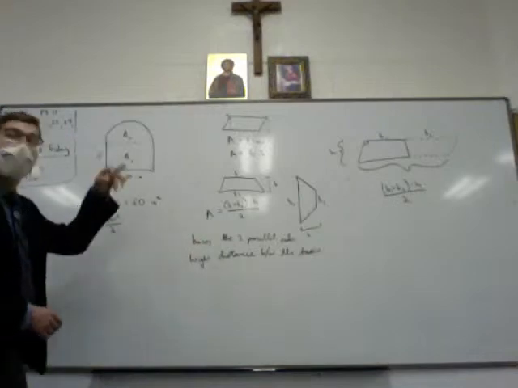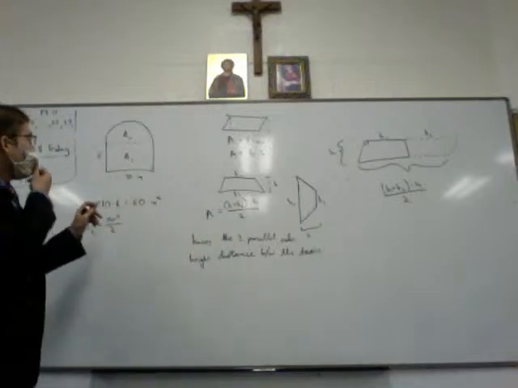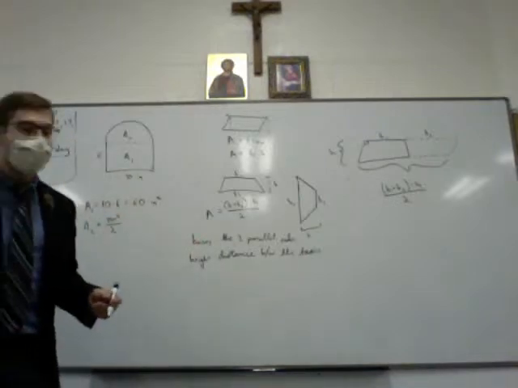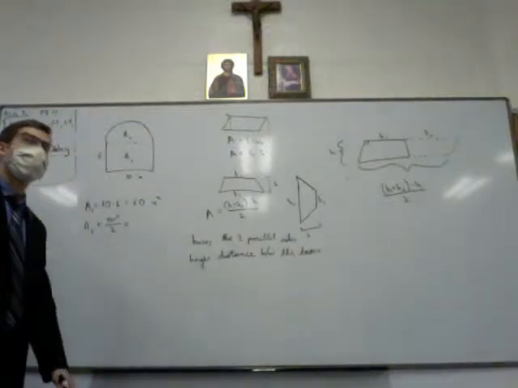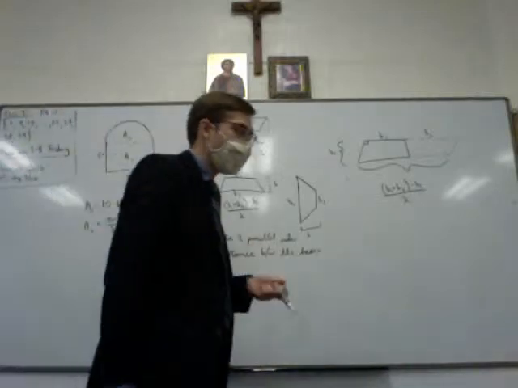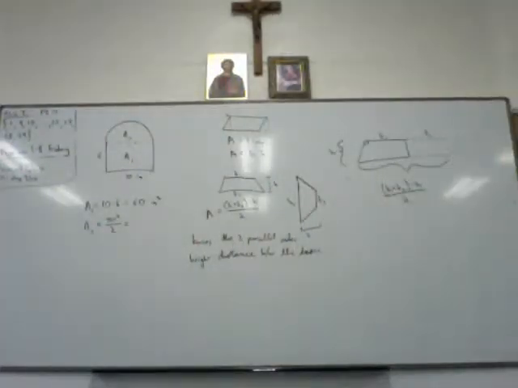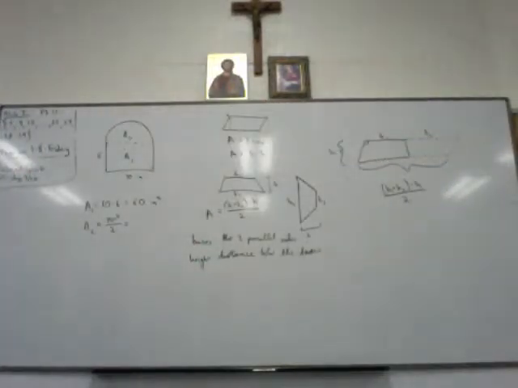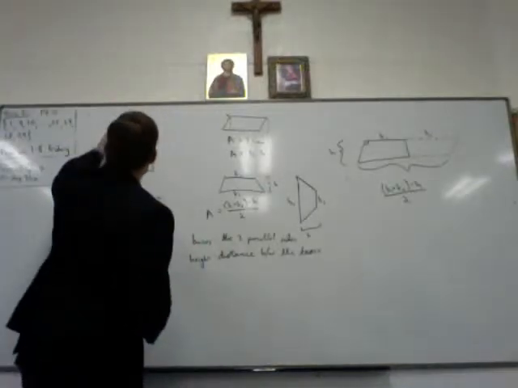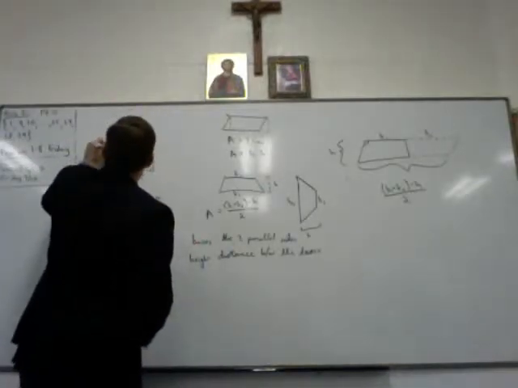Pi r squared would be the whole circle, and this is only half of it, so we divide that by 2. What's the radius here? That's what we still need. We know what pi is, we know what 2 is. We need the radius. What's the radius of this semicircle? 5. How'd you get 5? The line right there is 10, 10 divided by 2 is 5.